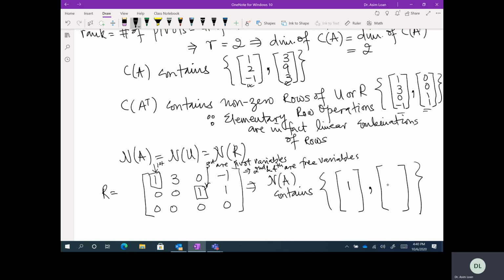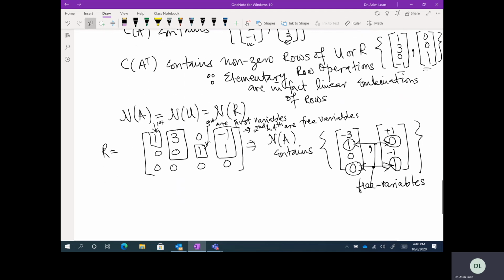So the second and fourth are the free variables, taking values 1 or 0 alternately. This 3, 0 here, this minus 1 here. So this becomes minus 3, this becomes 0, this becomes plus 1, this becomes minus 1. So these are free variables, alternately taking on values 1 and 0.